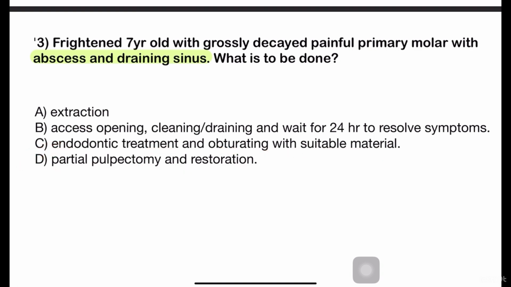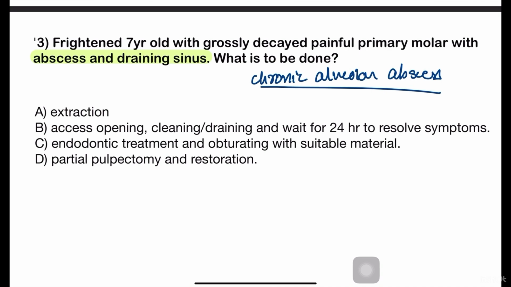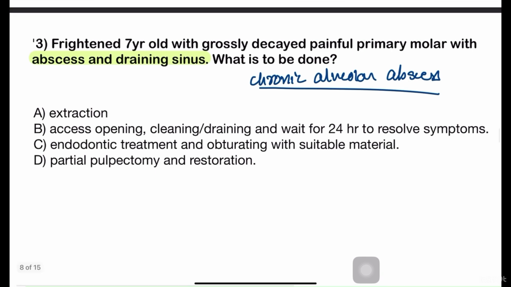Now first, here it is given abscess and draining sinus, so it means that this is a case of chronic alveolar abscess. Also it is given that the patient is frightened, so we will not go for extraction. Mostly in those cases where the patient is frightened, extraction is avoided at the first visit. So we will not go for this answer.